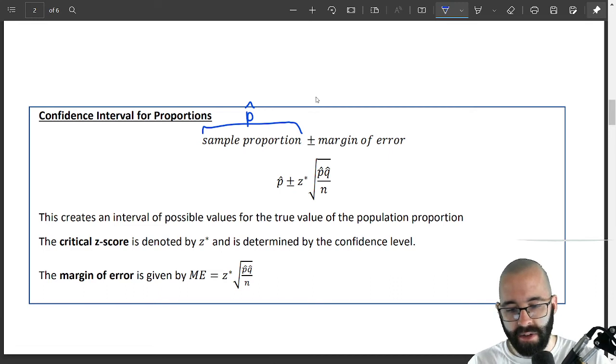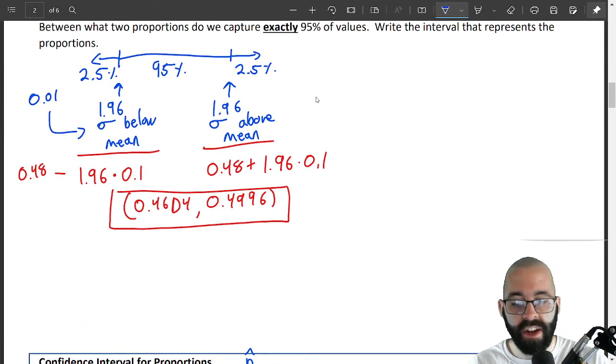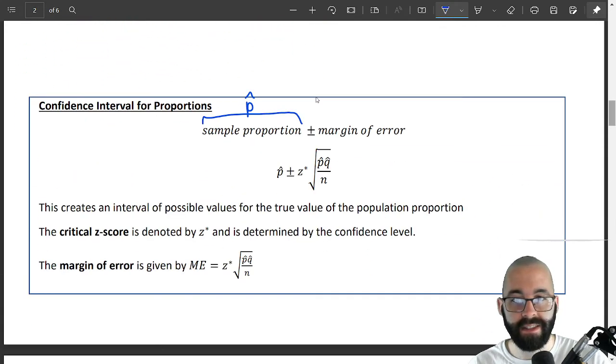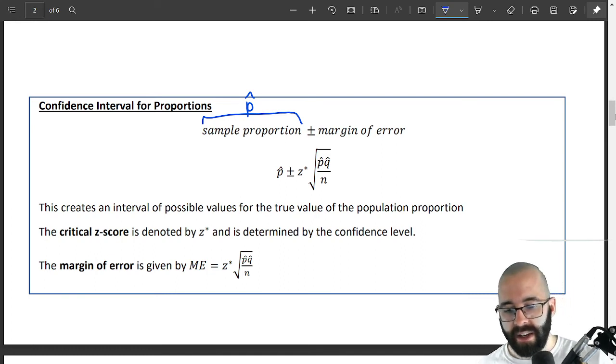Okay, so this right here is our last example, right? That's going to be the 1.96 standard deviations for a 95% confidence. But again, we'll unpack these terms a little bit more later. This is how we calculate it. This is exactly what we did in the last example, right? In the last example, we said 0.48.